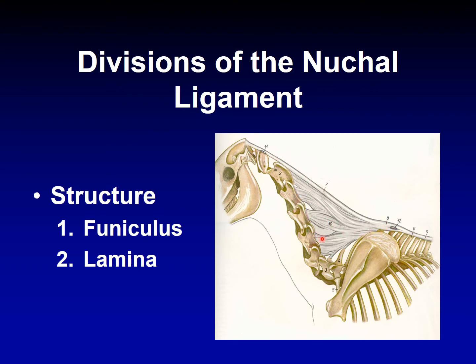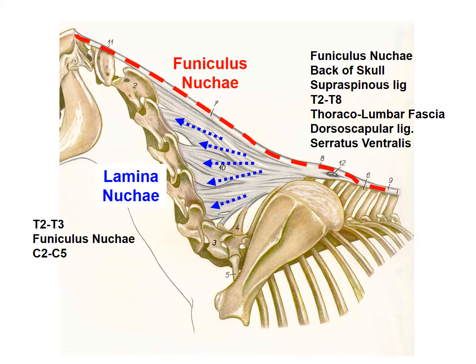We talked about that in the previous lecture. I mentioned that the funiculus nuchae originates from the back of the head, moves on the dorsal midline all the way and inserts on the spinous processes of the thoracic vertebrae.